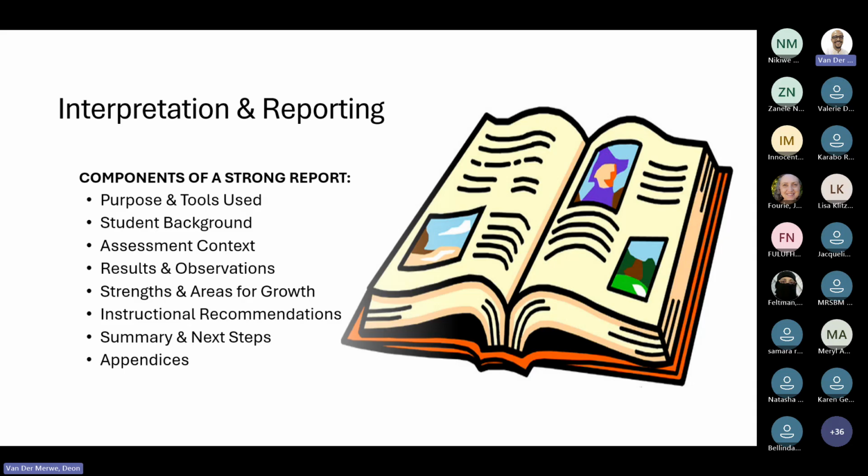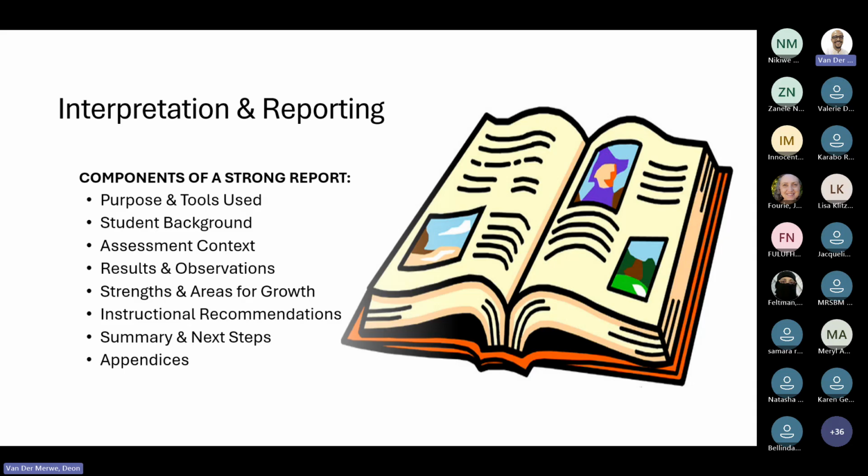And this could include strong comprehension skills, fluency, or vocabulary knowledge, but also identifying areas for improvement, where you're highlighting specific areas where the reader was struggling. And this might include the types of miscues, as well as the comprehension challenges.